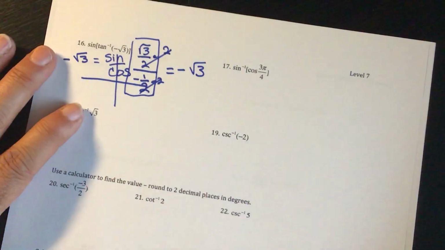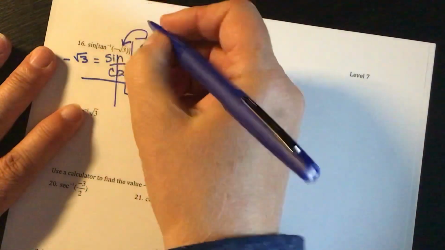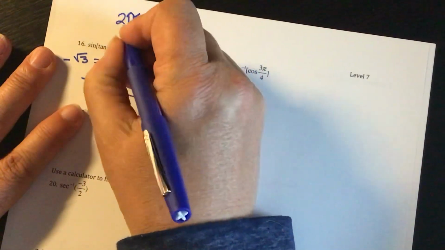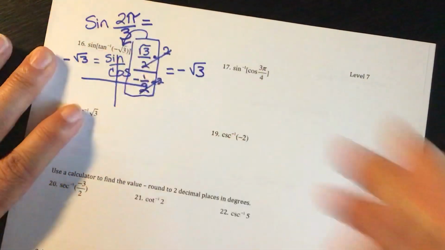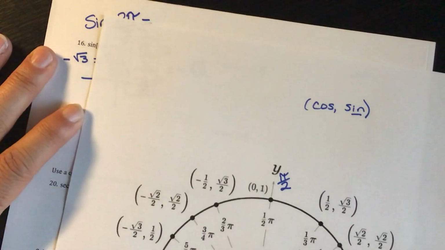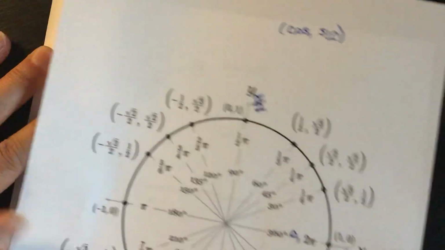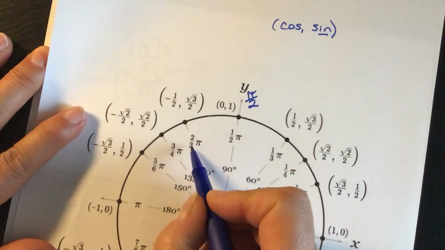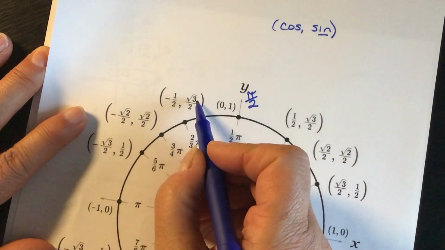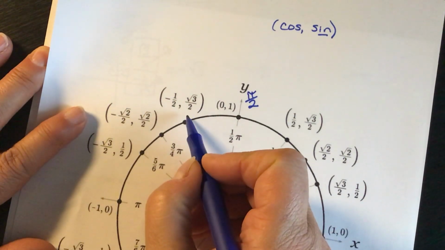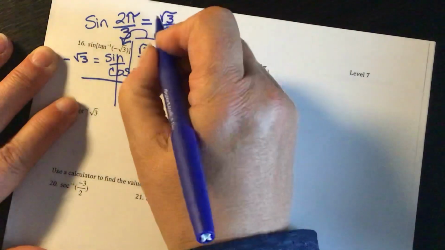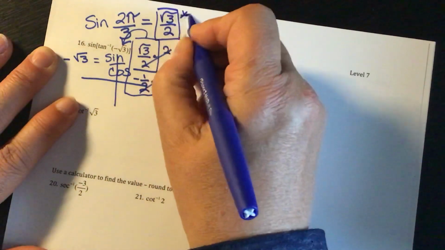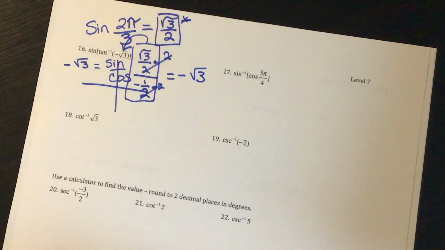So inside the parentheses here, I have 2 pi over 3, and I want to find the sine of that. If I look at my chart, 2 pi over 3, the sine is square root of 3 over 2. This is the answer, square root of 3 over 2.